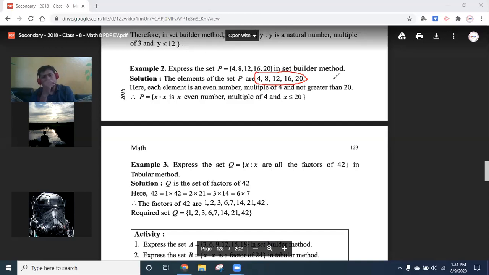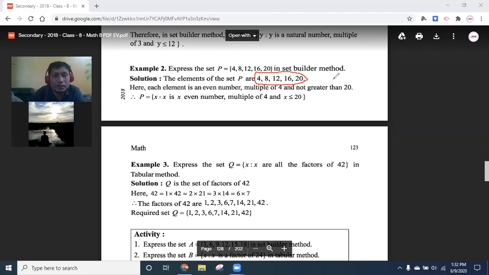And a multiple of 4 can be 24, also 32, also 100. But we cannot write them down because 20 is the maximum, the biggest element of the set here. That's why we cannot go over 20.